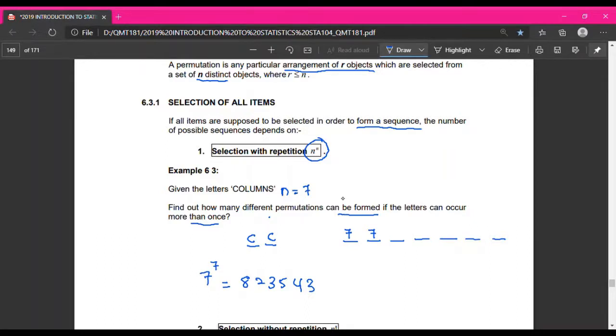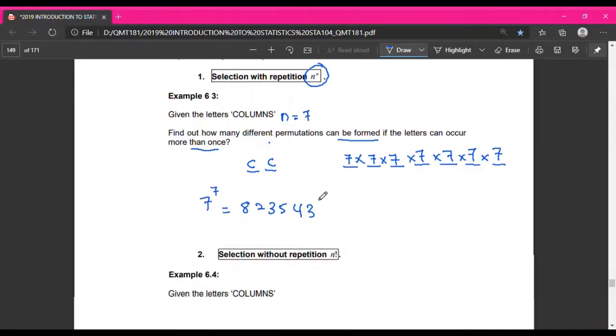So it is 7 again, and we continue until all 7 places: 1, 2, 3, 4, 5, 6, 7. Multiply these values and you get the same answer, 7 power of 7. That is the first case: if we use all 7 items, with repetition, meaning the letters can occur more than once.